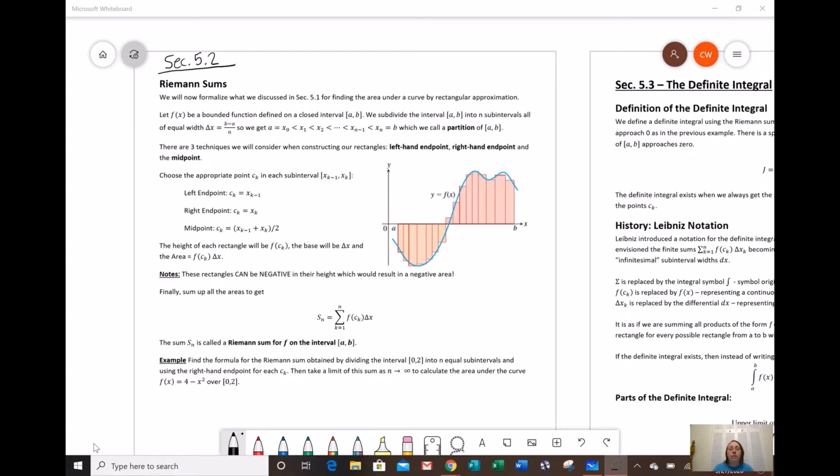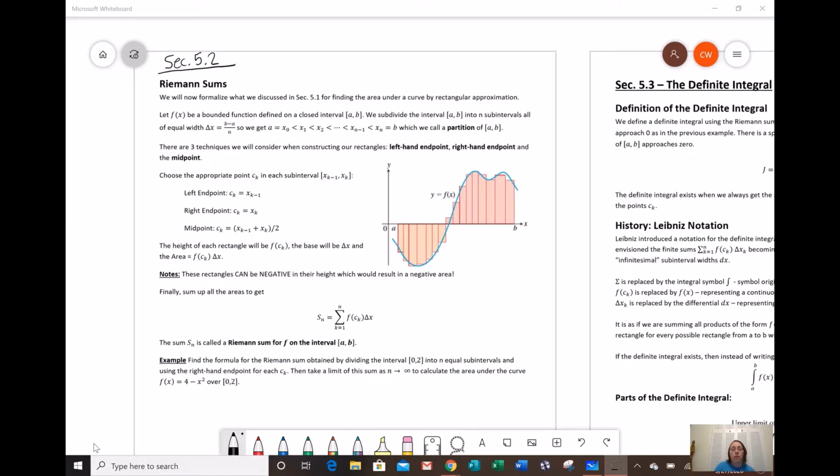The reason for this is eventually what we really want to do is have as many rectangles as possible. Well, to have as many rectangles as possible, you just let n approach infinity. That should sound familiar because that's a limit. So we're going to take the limit and we're going to let n go to infinity, meaning we're going to have infinitely many rectangles.